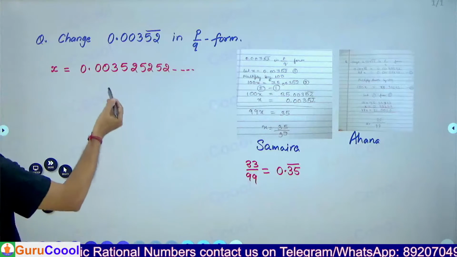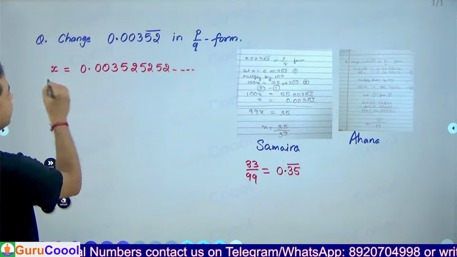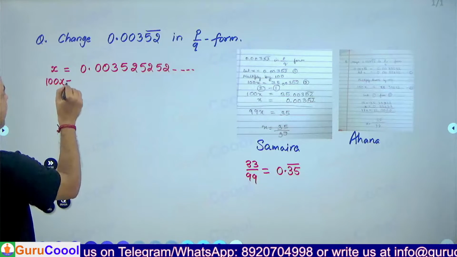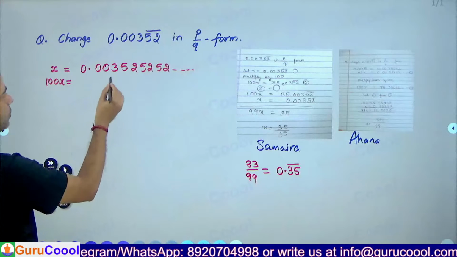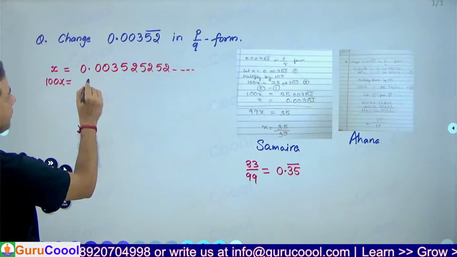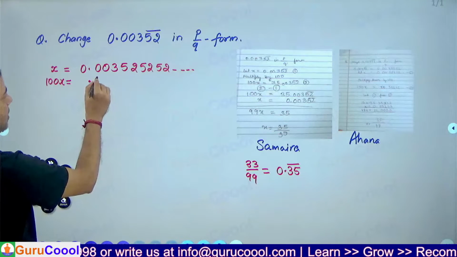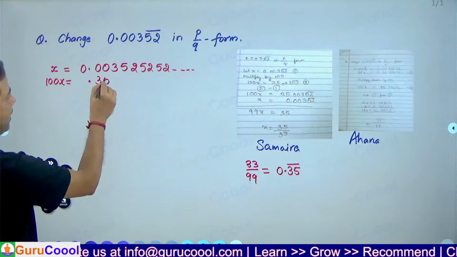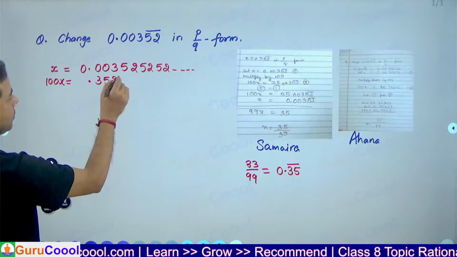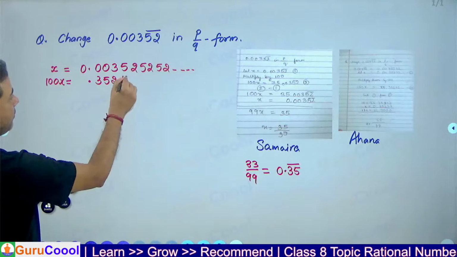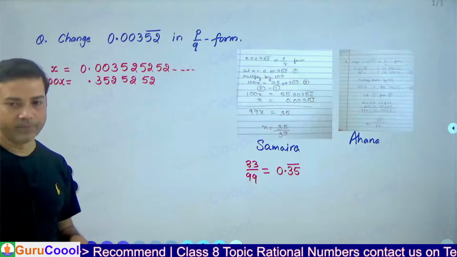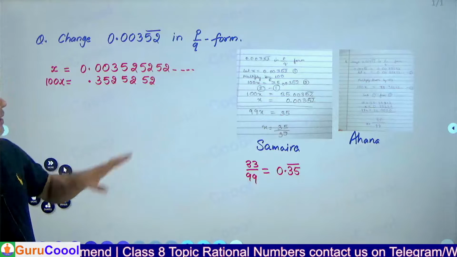Okay, 100 will do. I am also multiplying with 100 only. So 100x is equal to, decimal will come here, 0.3 5, 2, 5, 2, 5, 2.